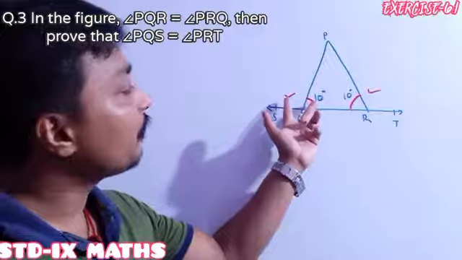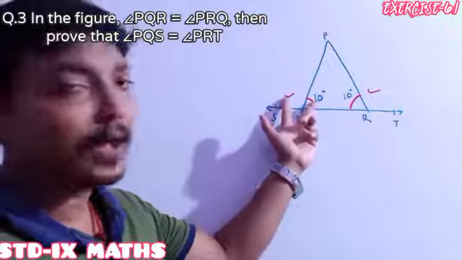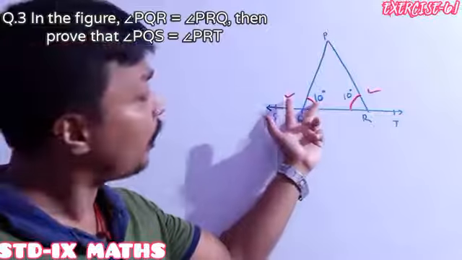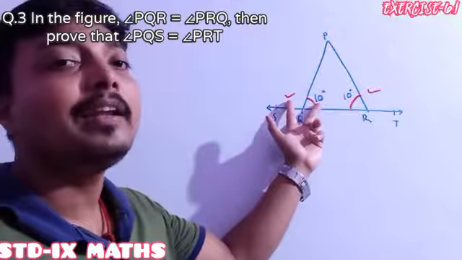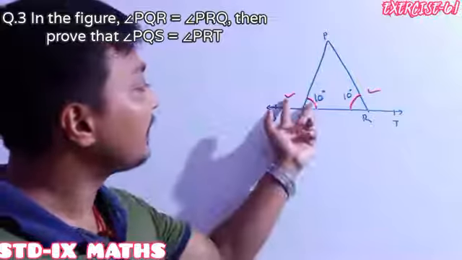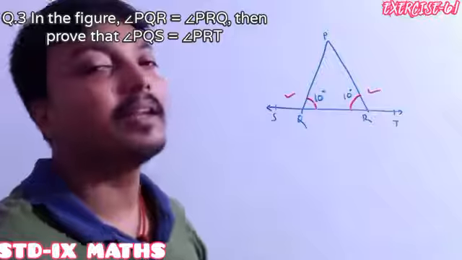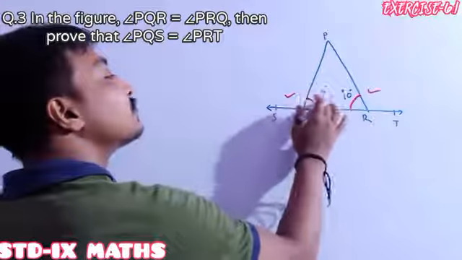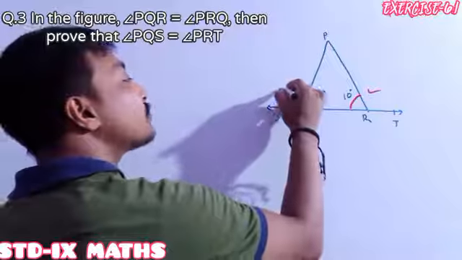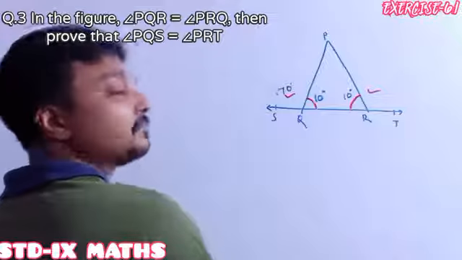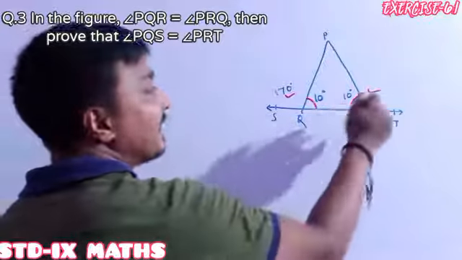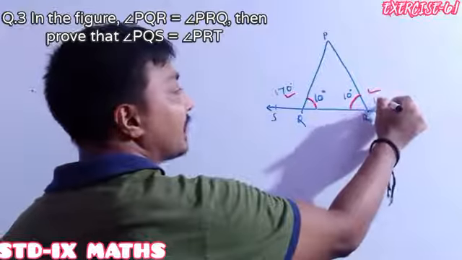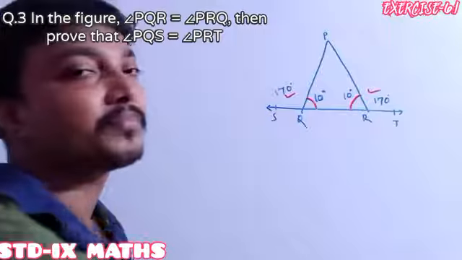Just see one thing: both of these angles are linear pair angles. These two are linear pair angles, and also these two are linear pair angles. As both are linear pair angles, this one is 10 so this one will be 170 degrees, and this one is 10 so this one will also be 170 degrees.